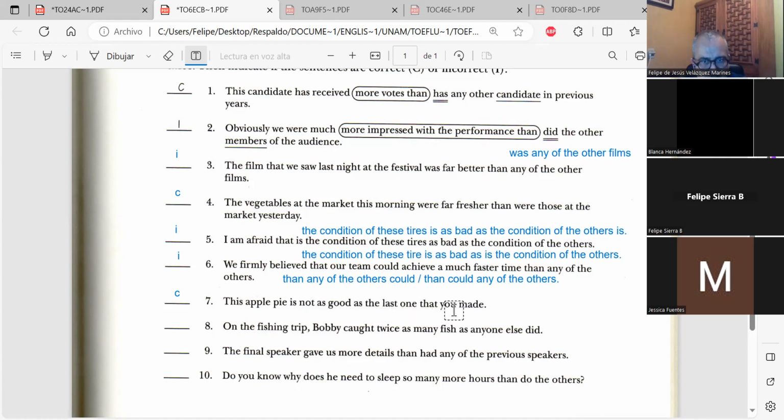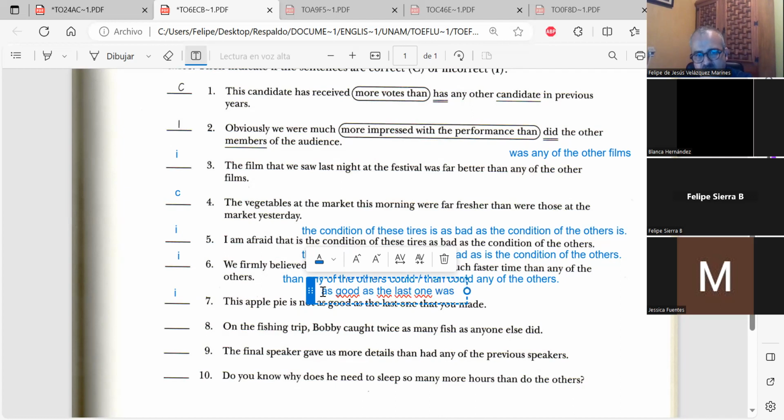So it's incorrect. It's correct in speaking, but it's not correct in grammar. This apple pie is not as good as the last one was, or as was the last one that you made. If you want to use inversion, you say as good as was the last one that you made.